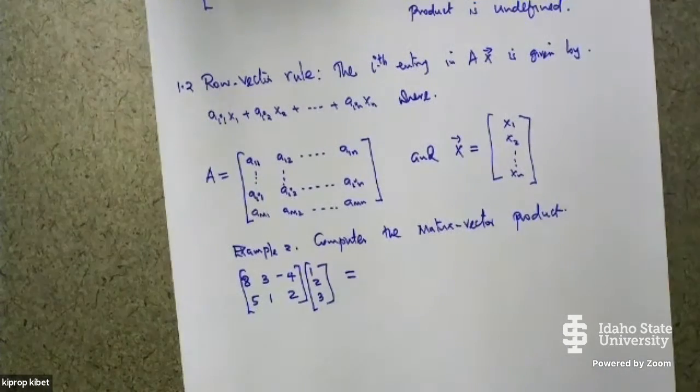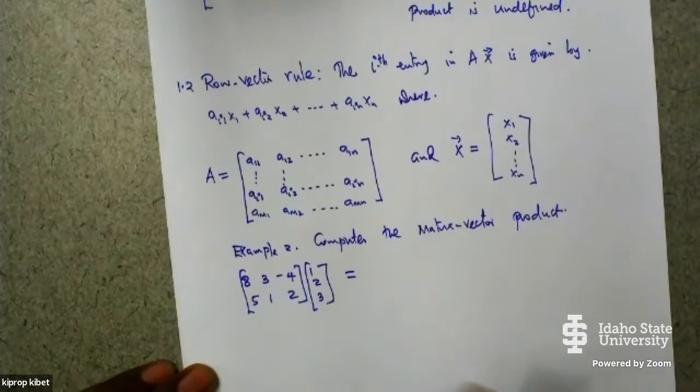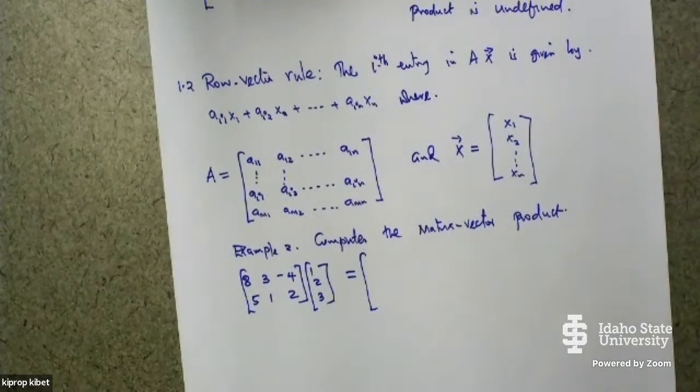First of all, you check whether columns are equal to entries. They are equal, so the product is defined. To get this, we now use the row vector rule.